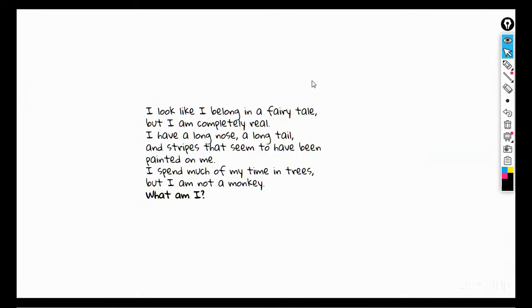That's interesting. Do they have stripes? A tiger. Do they spend most of their time in trees? A unicorn. Does it spend most of its time in trees? An anteater. Does it spend time in trees? A giraffe. But those are not stripes. Sloths and koalas. Those are not stripes.